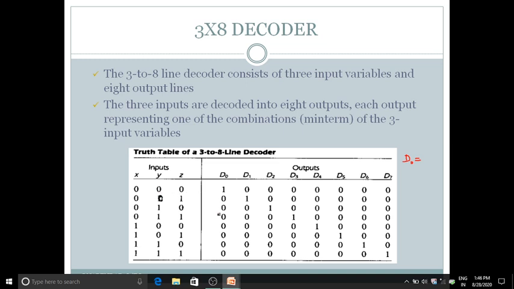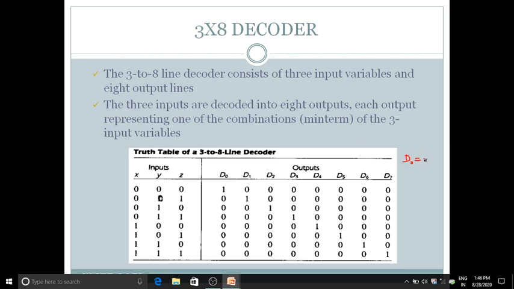For all the remaining combinations, the D0 function is 0. So we can express the D0 function as a sum of minterms, and since there is only one minterm, D0 equals that particular minterm.